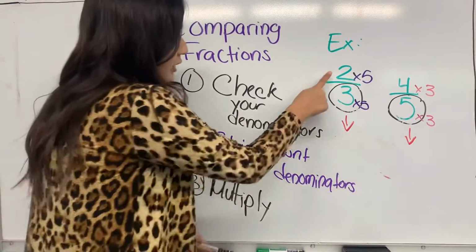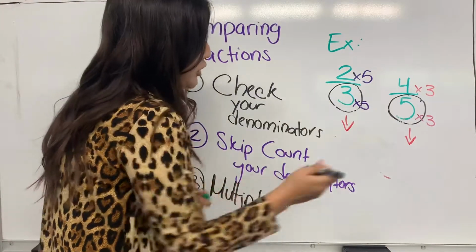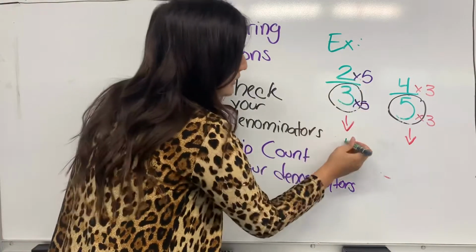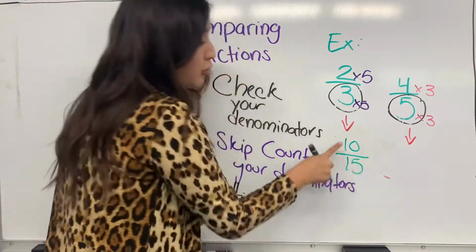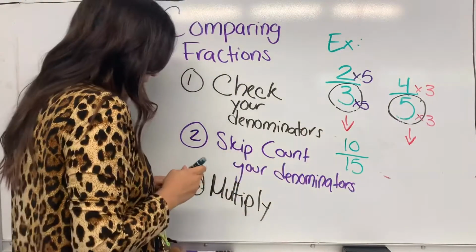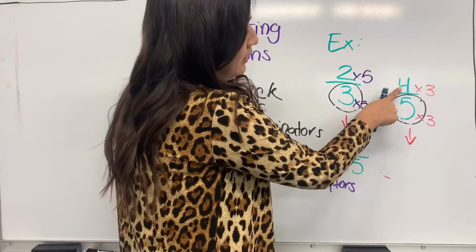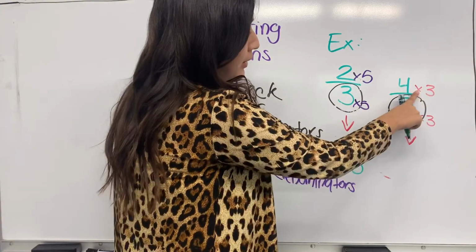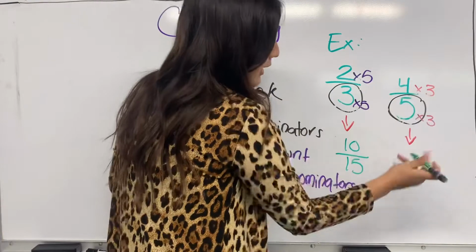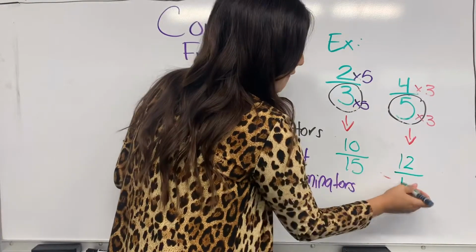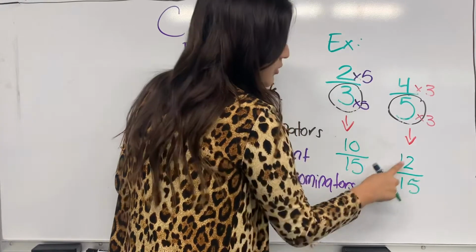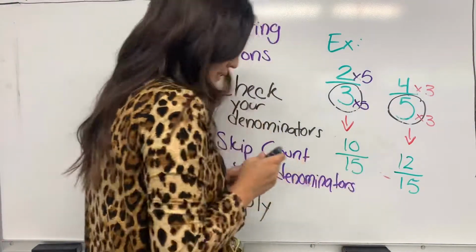And this fraction, when I multiply the numbers, changes into 2 times 5 equals 10. 3 times 5 is 15. It changes into 10 15ths. Okay? And this one, okay, I had to multiply by 3. Okay? 4 times 3 equals 12. 5 times 3 equals 15. This one changed into 12 15ths.